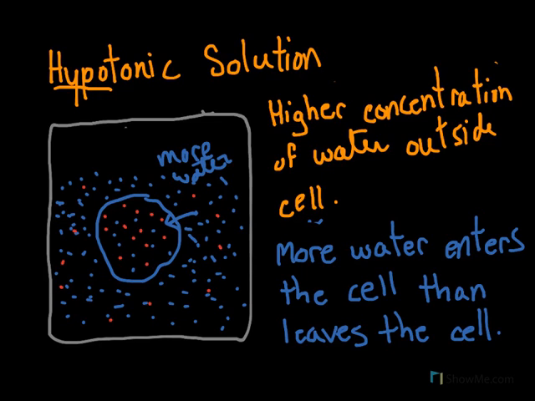So basically we can see this water is moving in, water is moving in, water is moving in all different directions here. But water may only have limited chance to leave the cell here. So we definitely have a lot more water entering the cell than we do leaving the cell. And you can say that the cell is enlarging in its water content in a hypotonic solution.